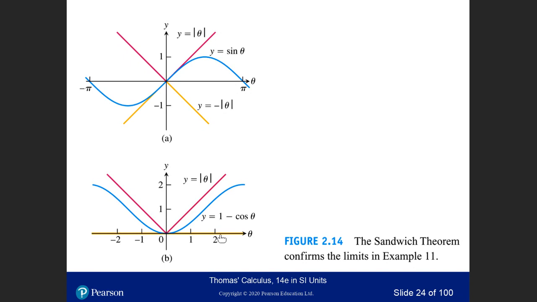So when you approach 0, this function must have the same limit as this function, both from the right and from the left, and for this function also. All these three functions have limit 0 as theta approaches 0. That's another demonstration of the sandwich theorem.